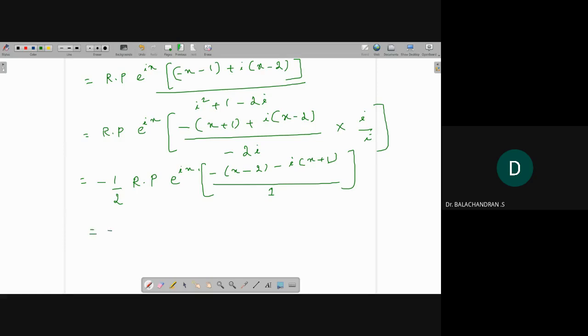This is equal to minus 1 by 2. Now you can write e power ix is cos x plus I sin x. The reason is now everything is in the most simplified form.